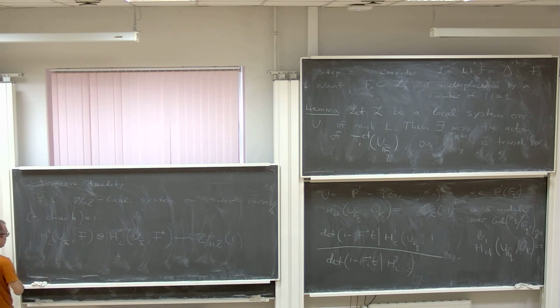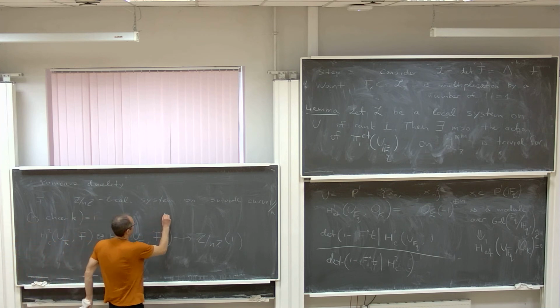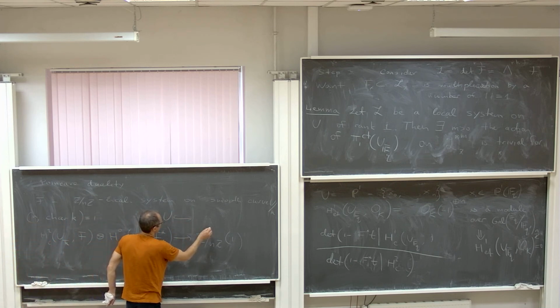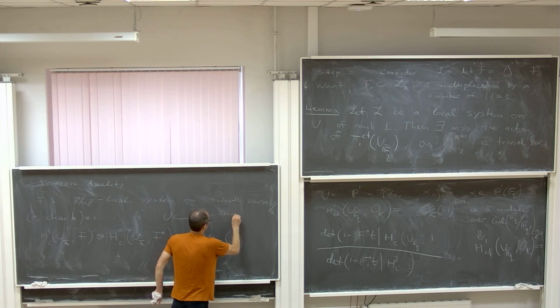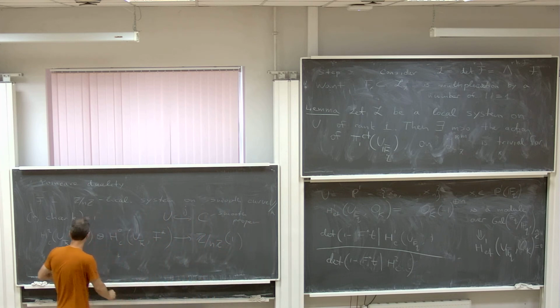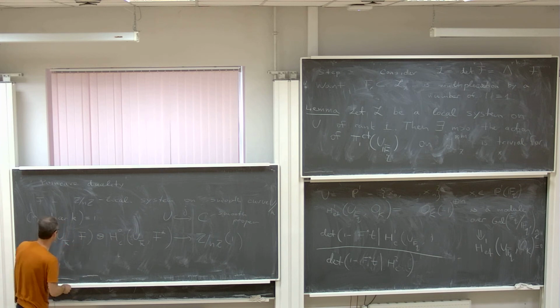So, okay, so what is this? This is homology of the j shriek extension. So I have U, and I have some compact curve, smooth proper, and this is j. By definition, this is homology of C with coefficients in j shriek of this.